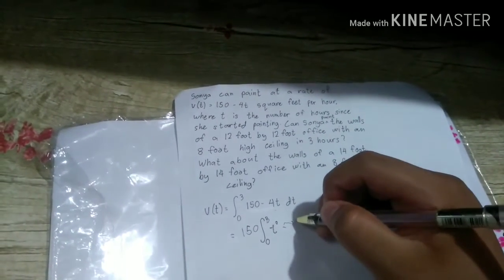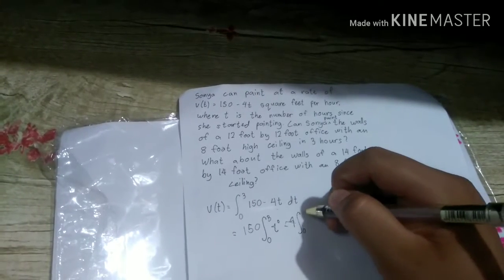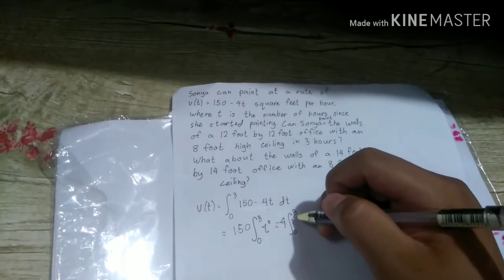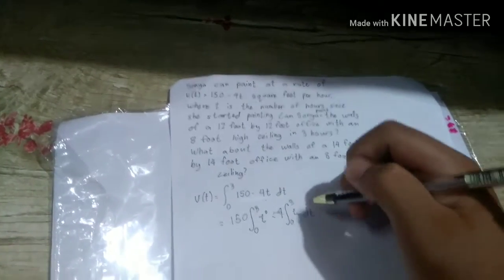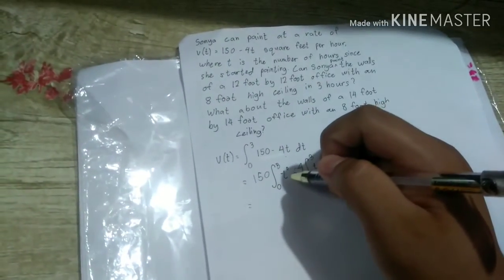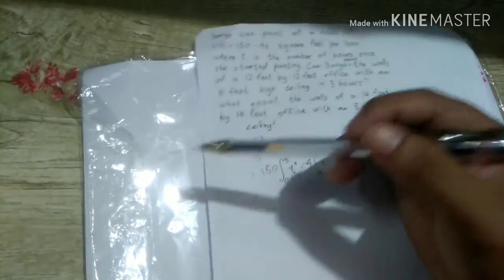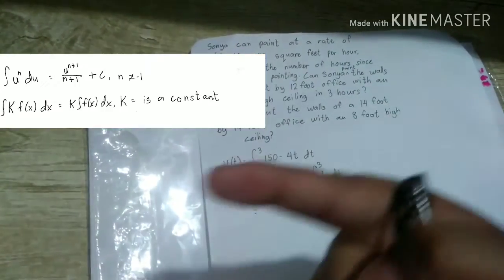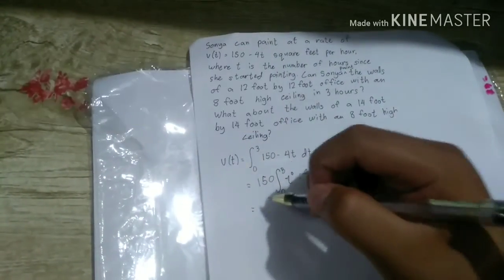Then minus 4 times the integral from 0 to 3 of t dt. The next thing we want to do is to add 1 to the exponent, following the theorem, which I will put right here, so you have a guide.